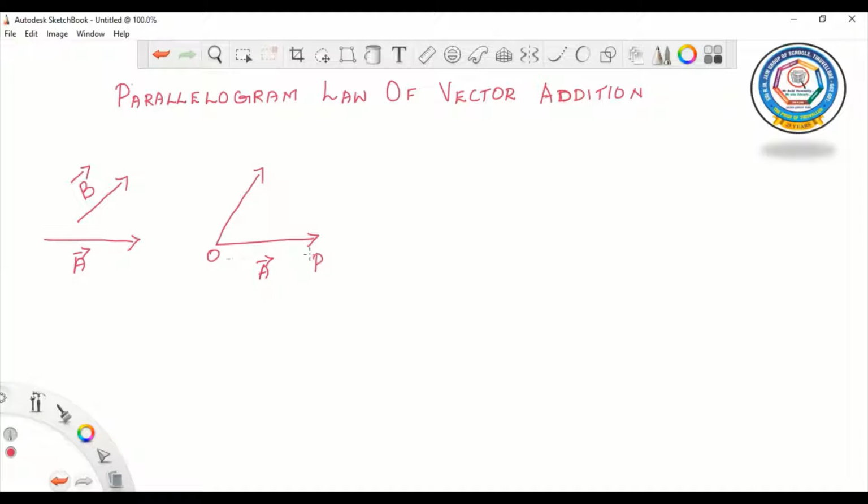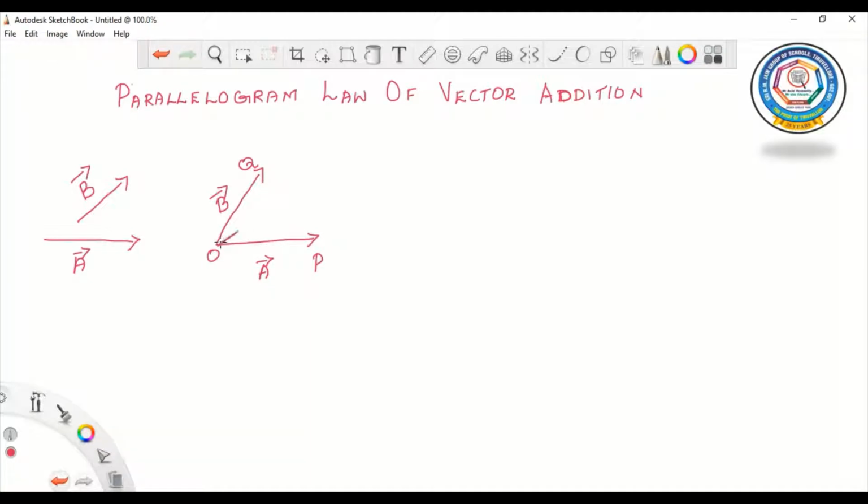OP is one vector and OQ be the other vector. That is, OP will be taken as A vector and OQ is B vector. Then their resultant is completely represented both in magnitude and direction by the diagonal.